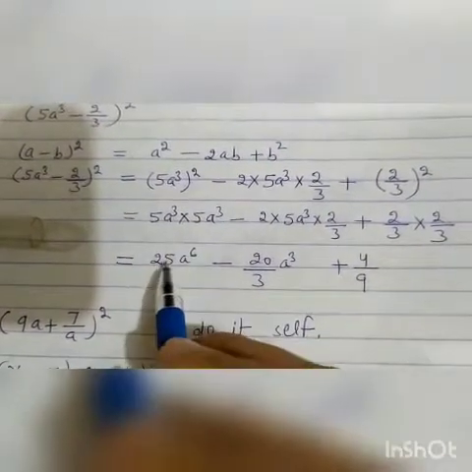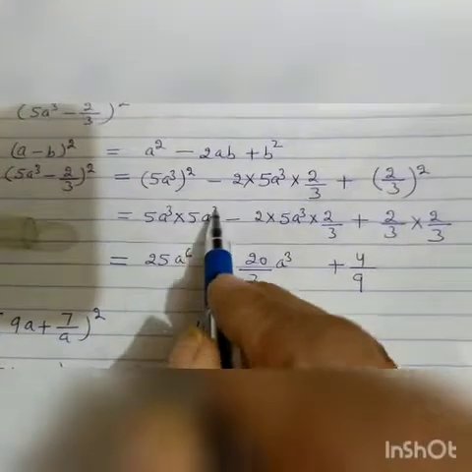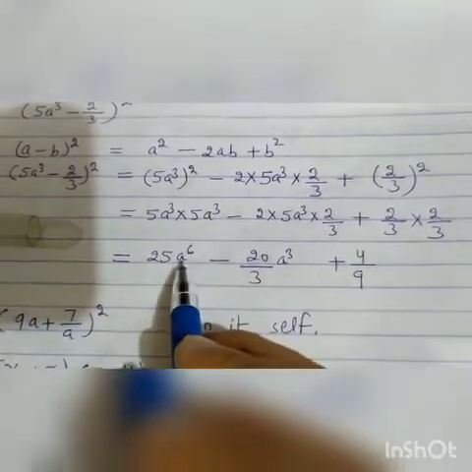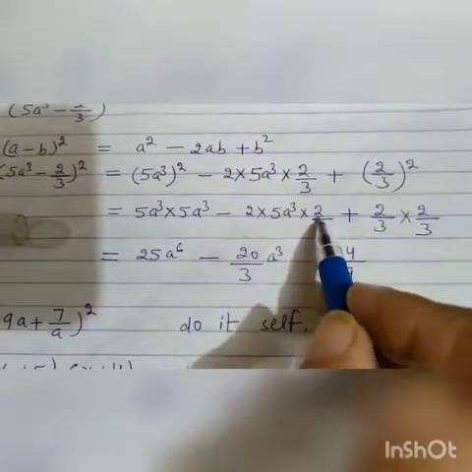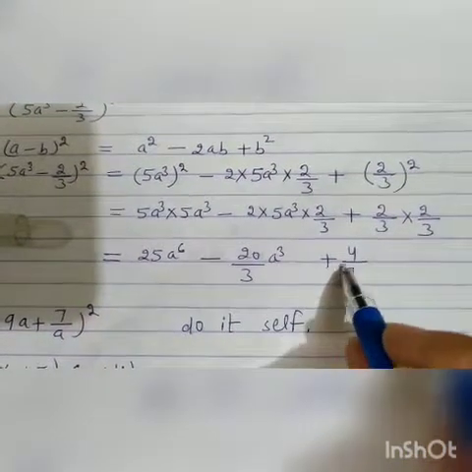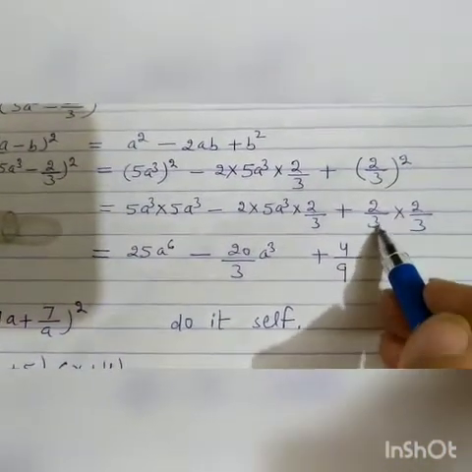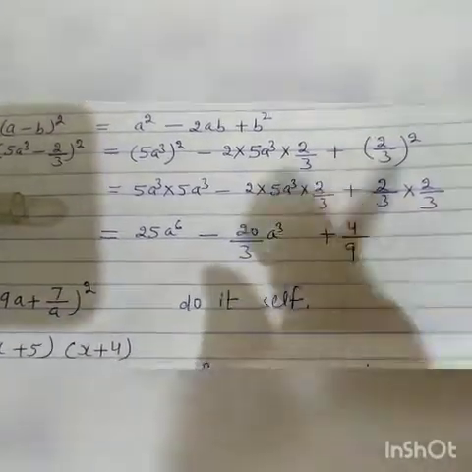So 5 fives are 25. A power 3, both the powers will be added, a power 6, minus 2 fives are 10, 10 twos are 20, 20 upon 3 a cube plus 2 twos are 4, 3 threes are 9, 4 upon 9.